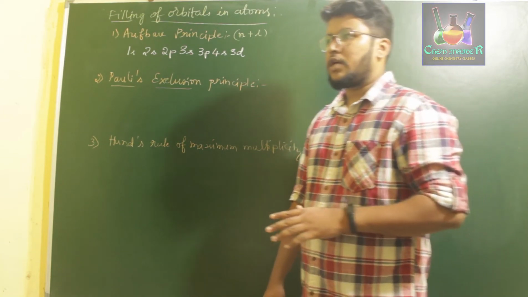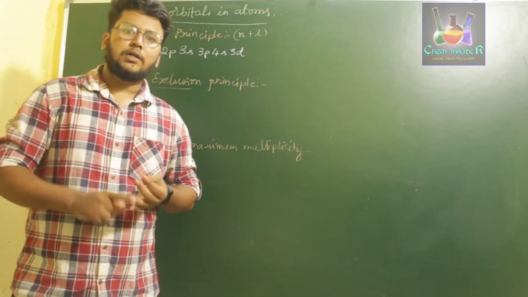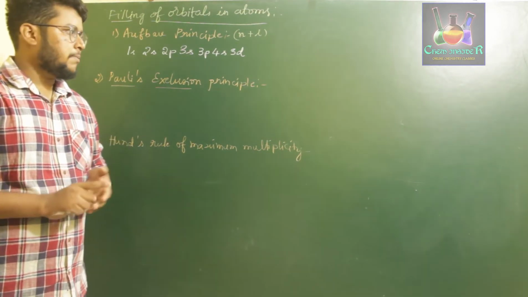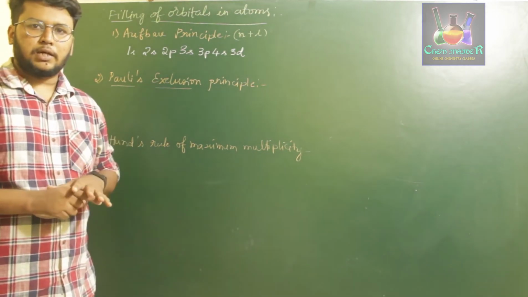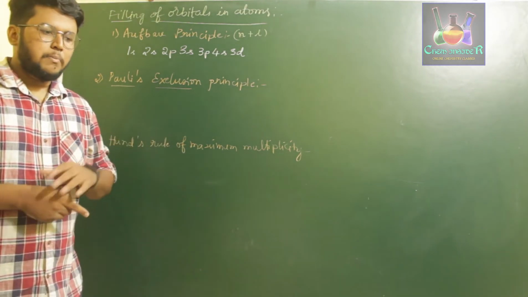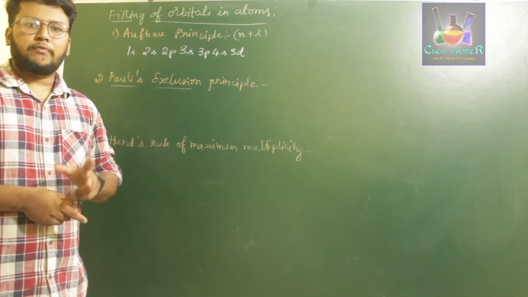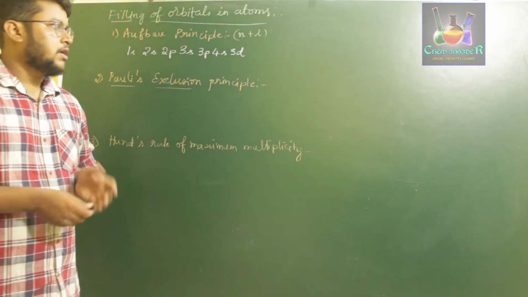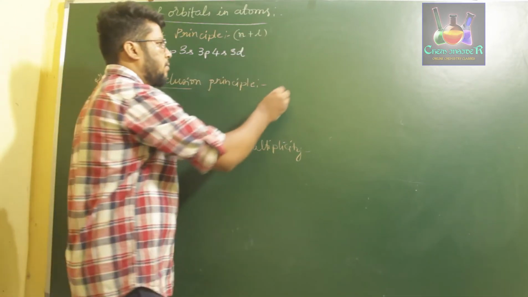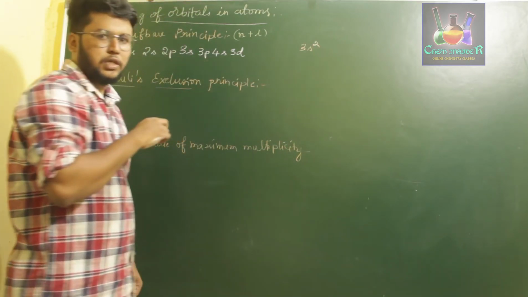That is, if you consider the four quantum numbers, principal quantum number, azimuthal quantum number, magnetic quantum number and spin quantum number, if the first three are similar, let us say principal, azimuthal and magnetic quantum numbers are similar, then the spin quantum number will be different for those two electrons. So consider for example 3s2. We have two electrons in the 3s orbital.